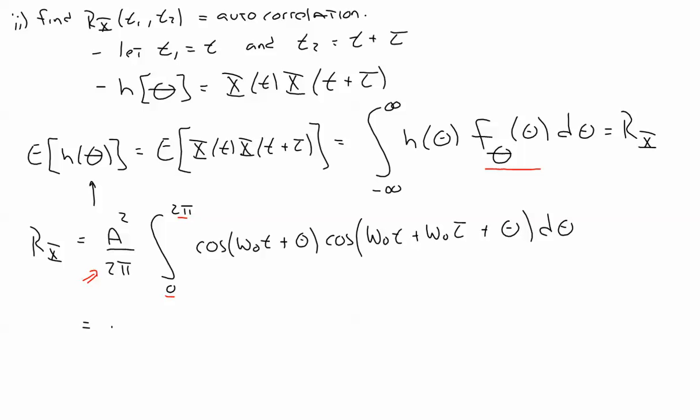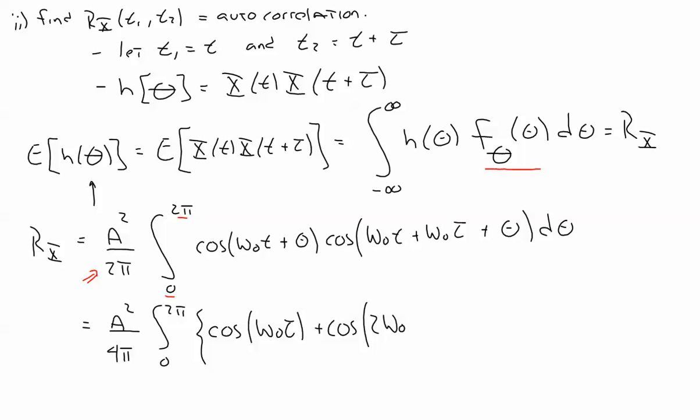I'm going to get an a squared over 4 pi, integral from 0 to 2 pi, of cosine omega naught tau plus cosine of 2 omega naught t plus omega naught tau plus 2 theta, d theta.